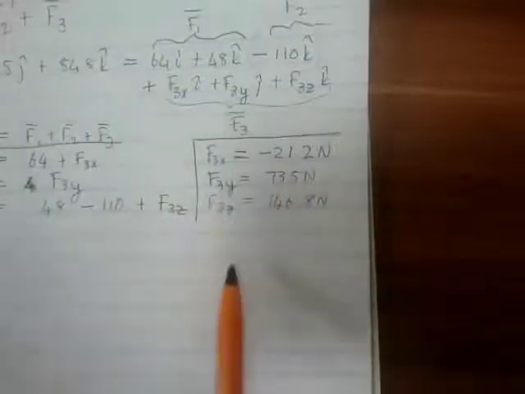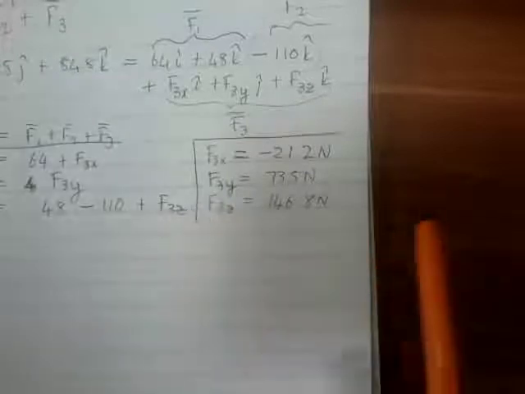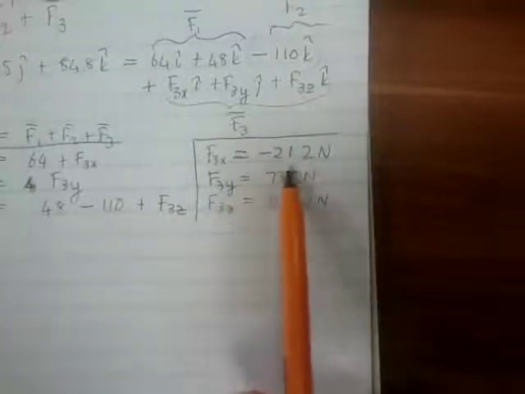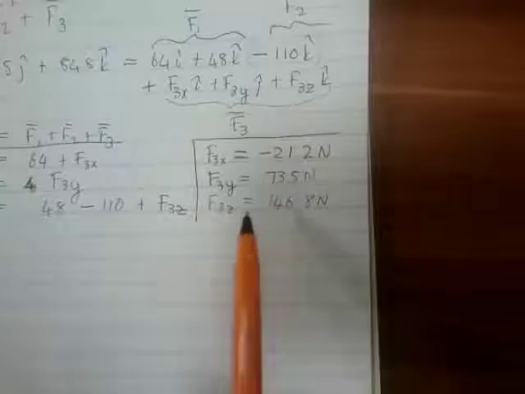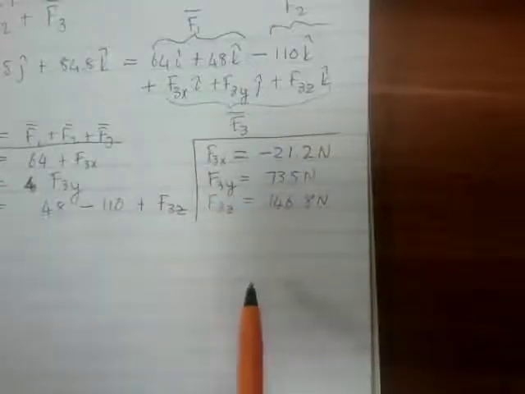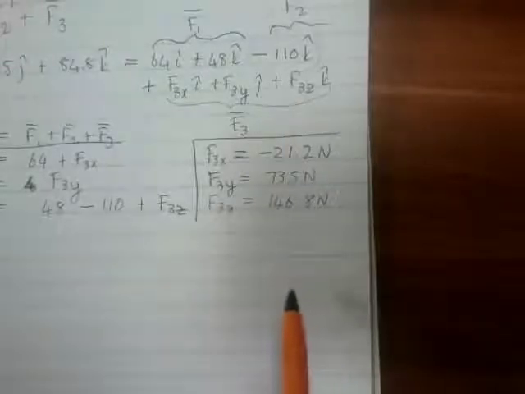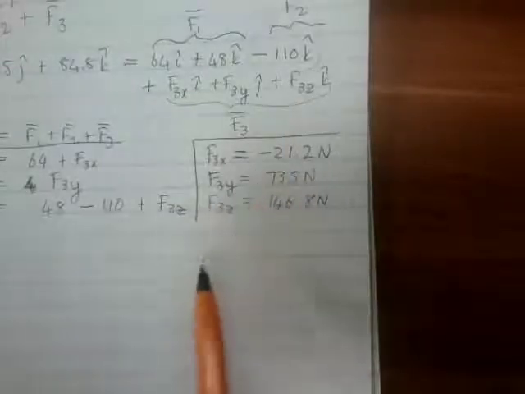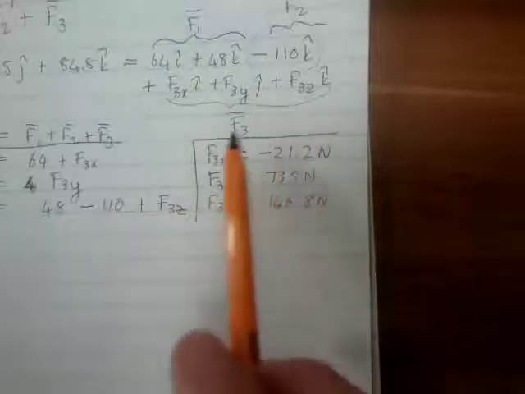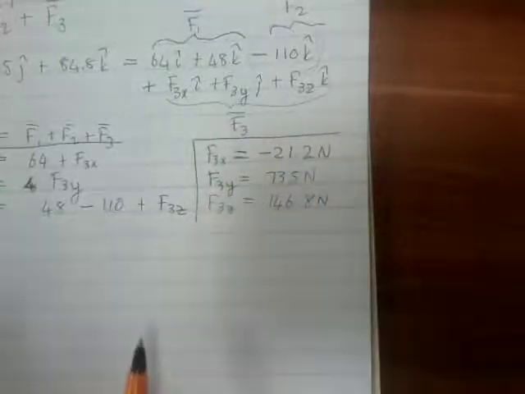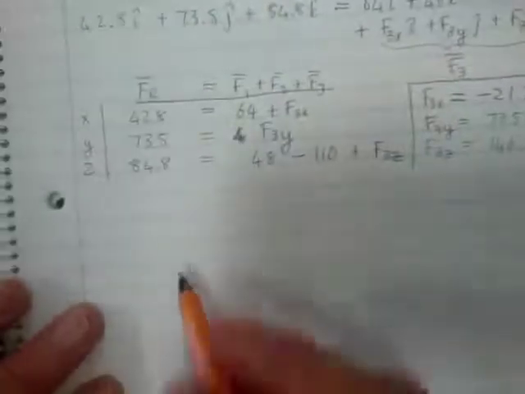If we choose a certain direction to be positive, and we calculate minus 21,2, then F3x is actually acting in the negative direction along the x-axis.